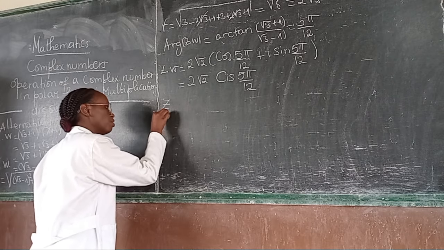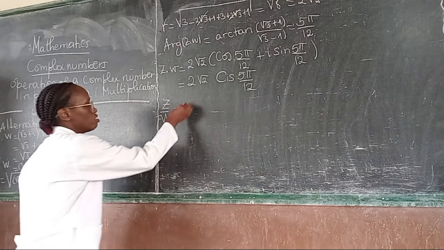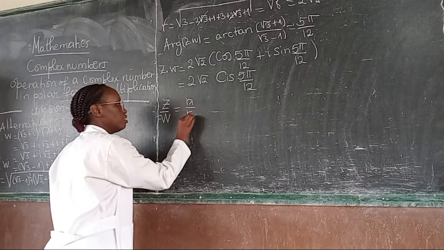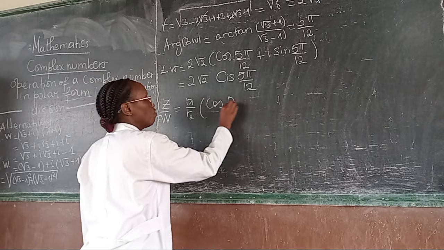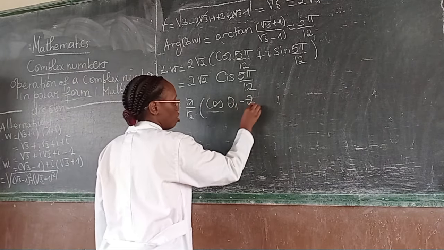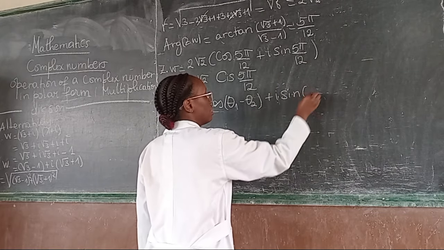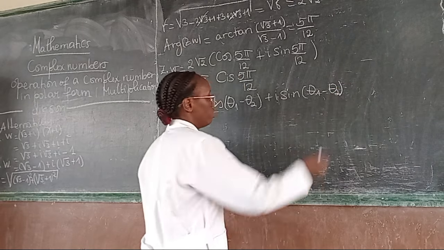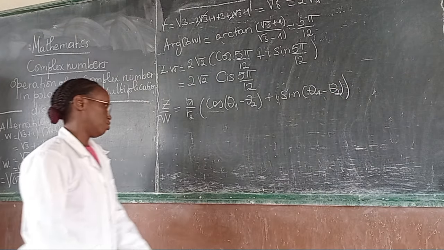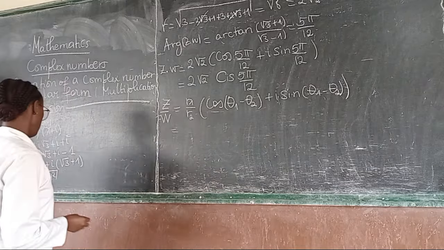Now what will happen for z over w? As you have seen, we divide their moduli, then we have cosine of theta 1 minus theta 2 plus I sine theta 1 minus theta 2. So what will we have for z over w?